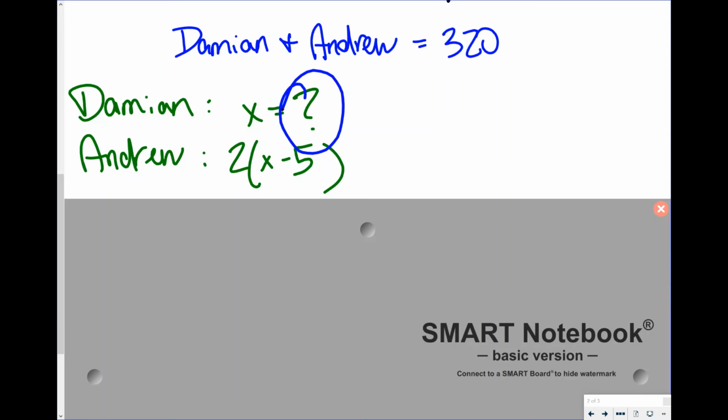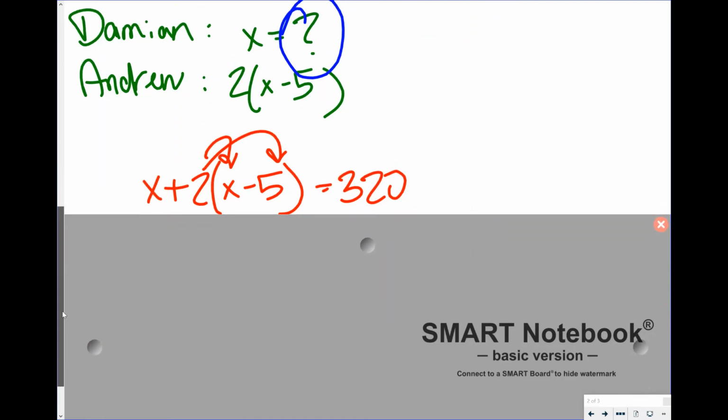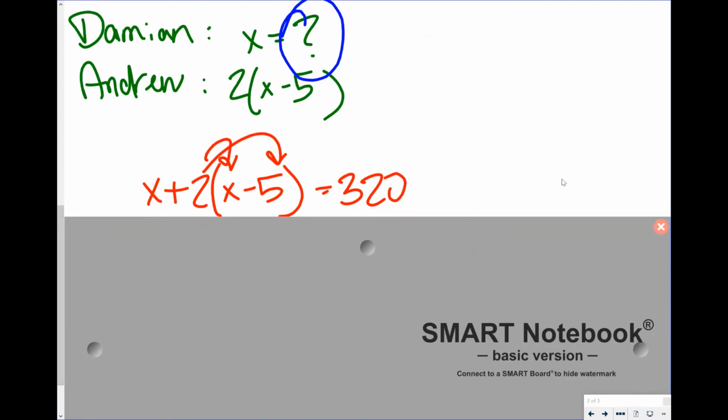Well, I will tell you guys. Here's our equation. x plus 2 times x minus 5 equals 320. So that is our equation.